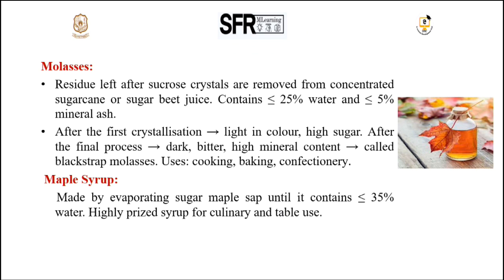After the final processing, the molasses is dark and bitter with high mineral content, which is also known as blackstrap molasses. It is mainly used in cooking, baking and confectionery products, and is not basically used in our homes. In Indian households we don't use much molasses in dishes, but some home cooking, baking and confectionery preparations use it.